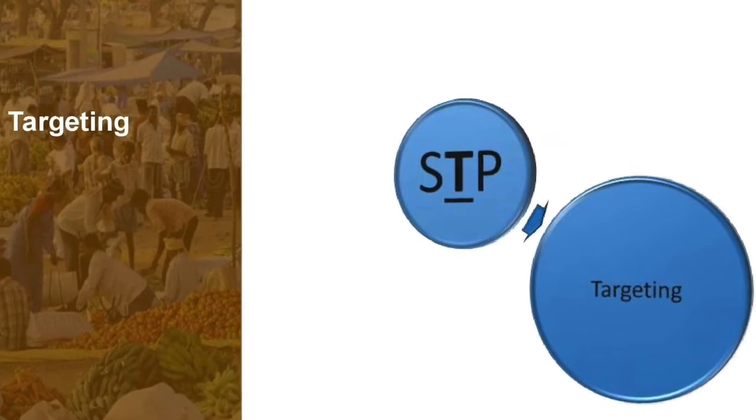Then comes the second part, that is targeting. Here we see whom we are targeting. Suppose I take the example of youth of 21 to 30 or 35 who are more into racing and stylish kind of bikes.